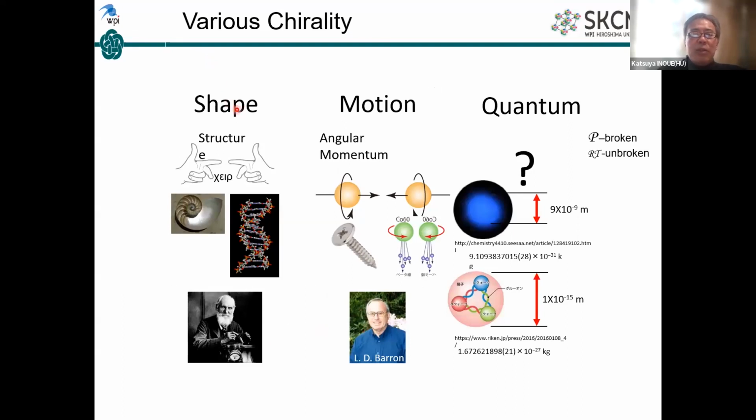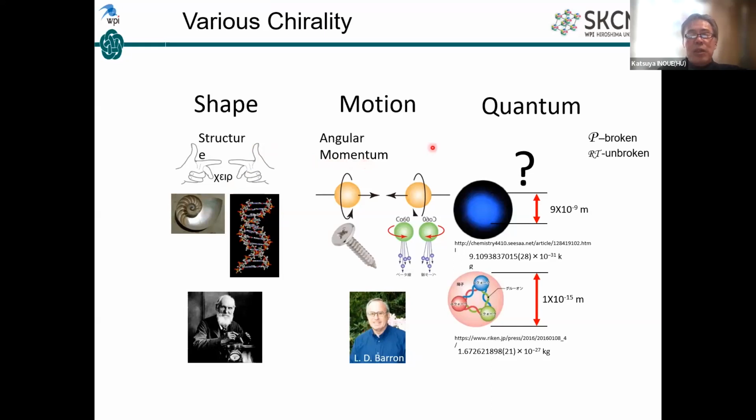Here, as I already told you before, there is shape chirality and motion chirality. Motion chirality is angular momentum, which corresponds to the spin angular momentum. And shape chirality is crystal chirality and molecular chirality.